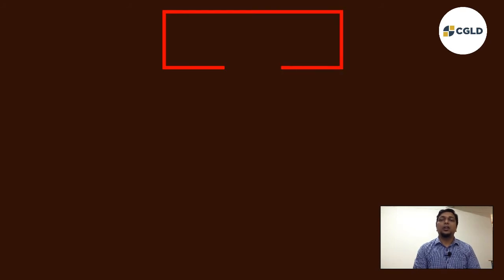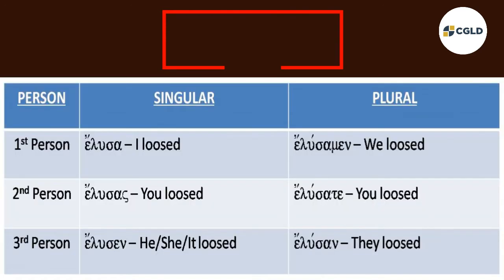So we take the luo verb into our context to see how it appears in its aorist form. Here we have the aorist tense table. First person singular, elusa. First person plural, elusamen.